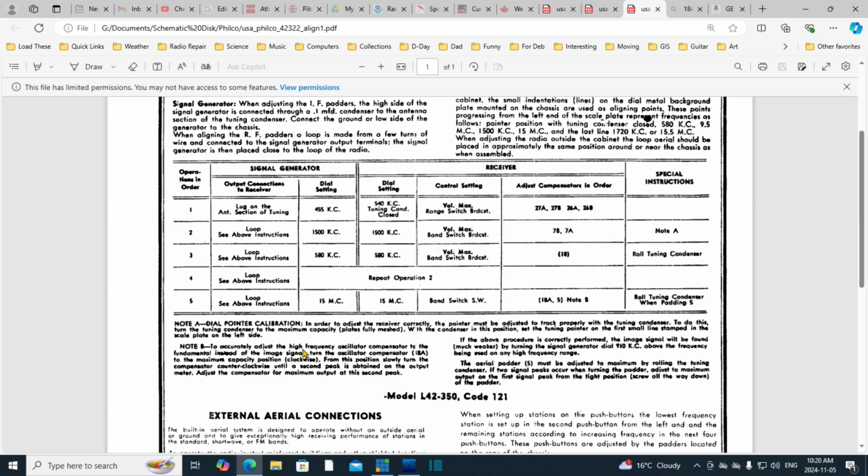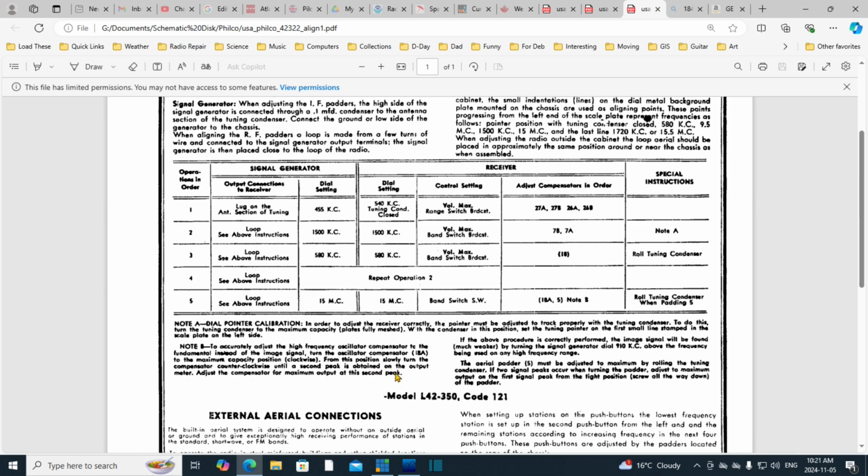To accurately adjust the high frequency oscillator compensator to the fundamental instead of the image signal, turn the oscillator compensator to the maximum capacity position. From this position, slowly turn the compensator counterclockwise until a second peak is obtained on the output meter. Adjust the compensator for maximum output at this second peak.